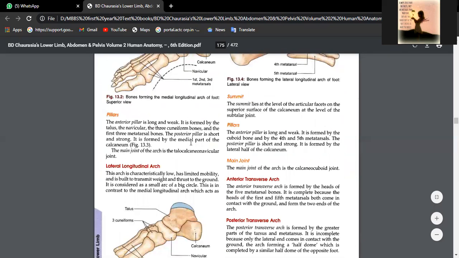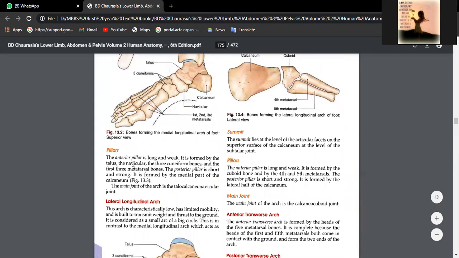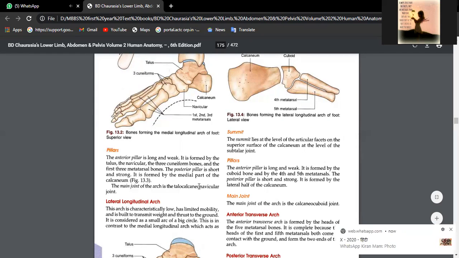Now after that we have pillars. We have the anterior pillar and the posterior pillar. The anterior pillar is long and weak. See what bones we find: talus, this boat-shaped navicular, and then three cuneiforms from the medial side, and also three metatarsals. So the anterior pillar is long and weak. The posterior pillar is short.